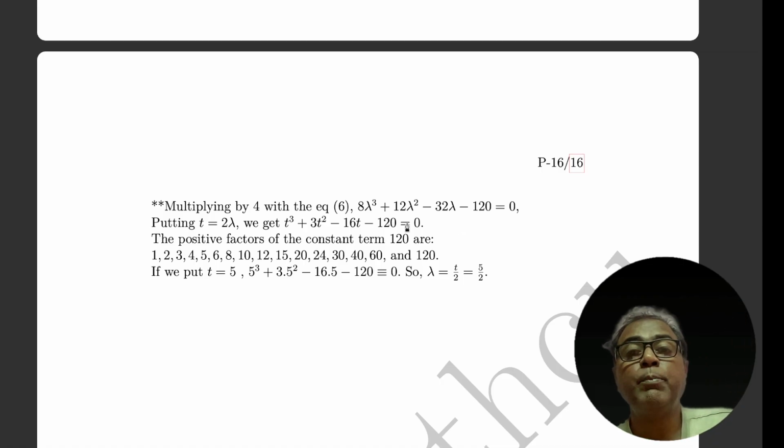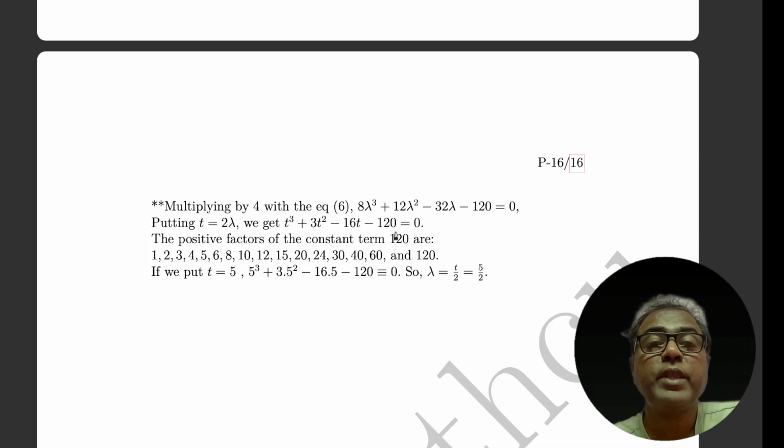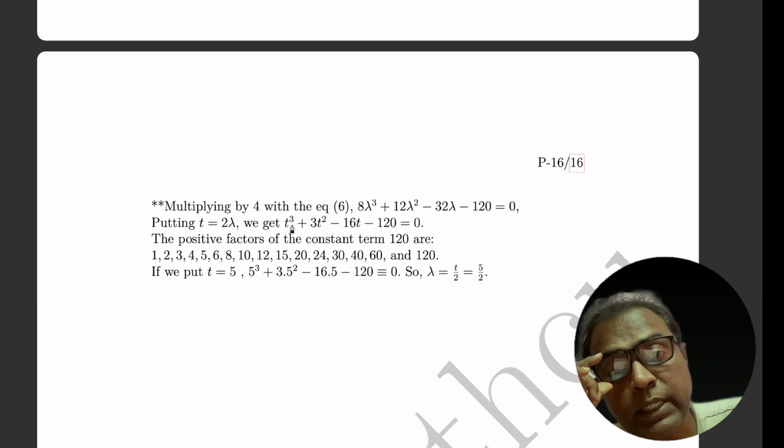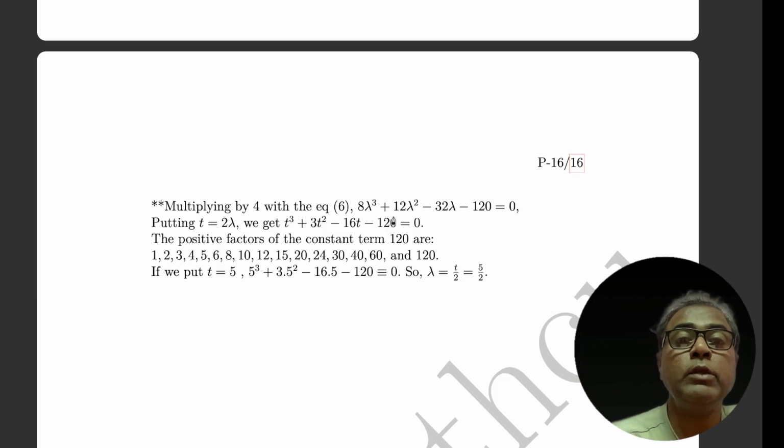Now we find the positive factors of 120. These positive factors are 1, 2, 3, 4, 5, 6, 8, and so on. Now we put all the positive divisors here and check which positive factor satisfies this equation.